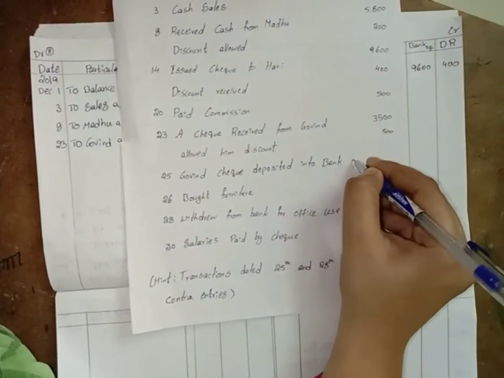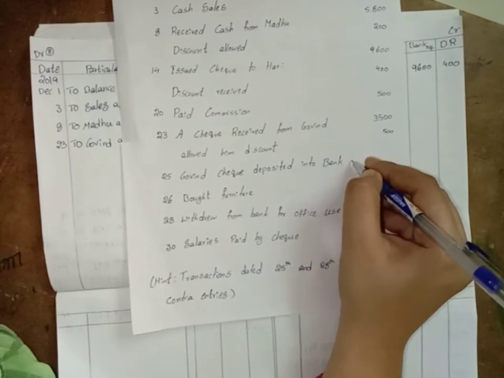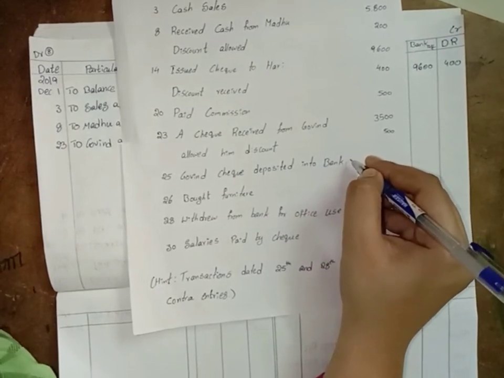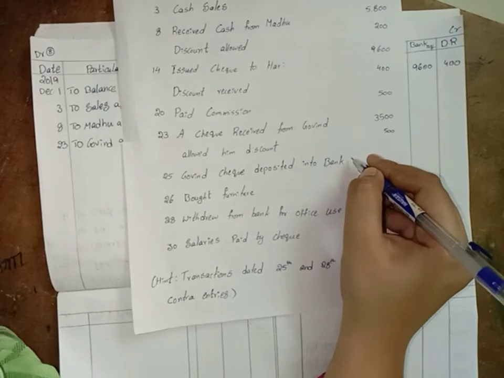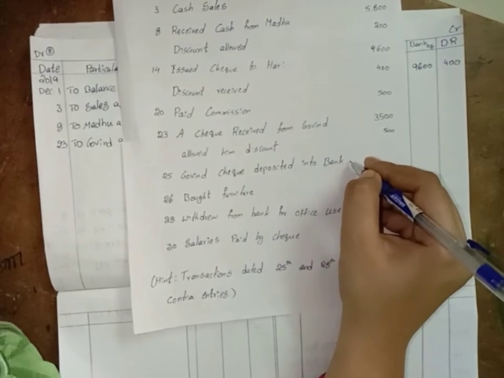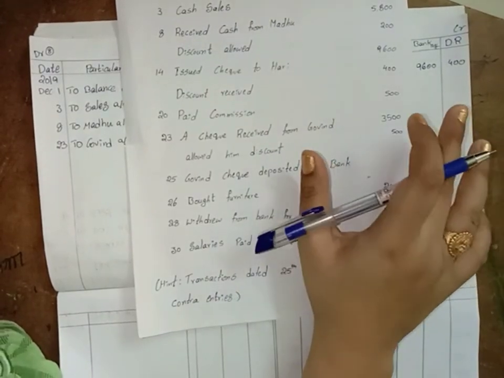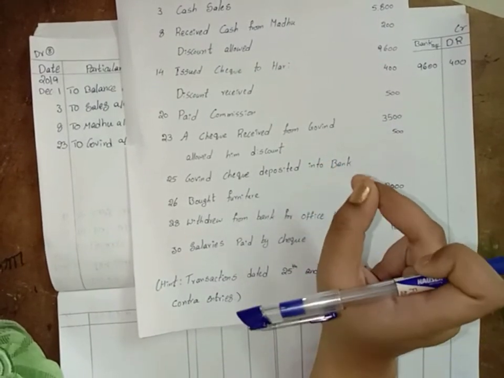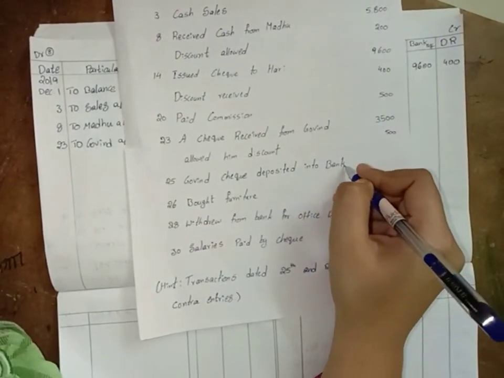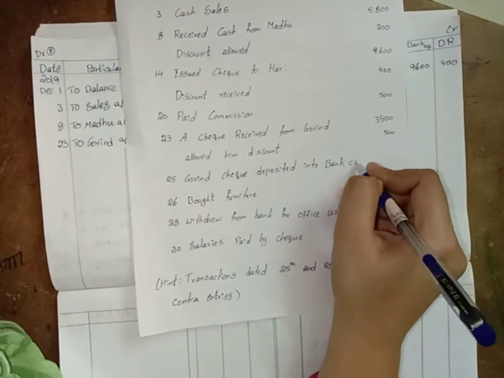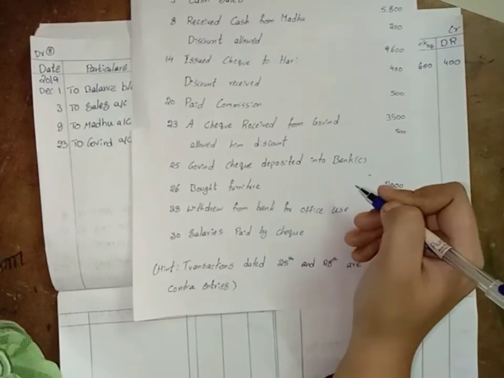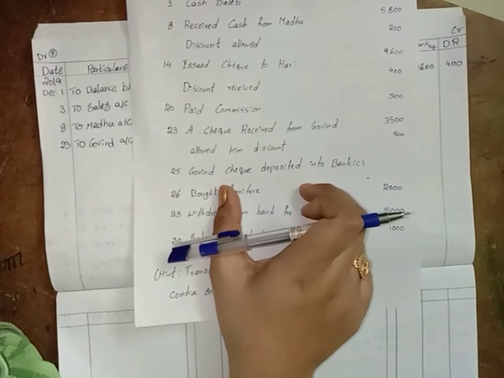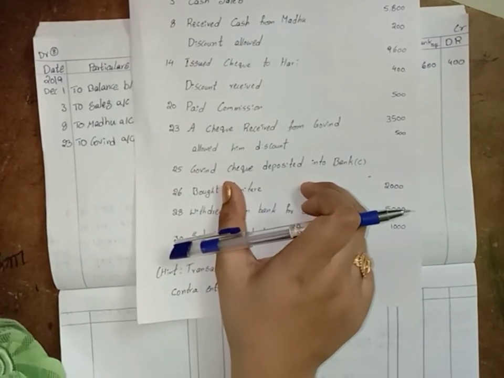For this entry, the journal entry is bank account debtor to cash account. So we are getting cash and bank both in one entry. These types of entries are called contra entries.